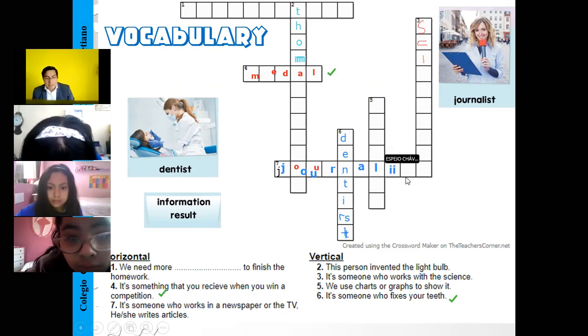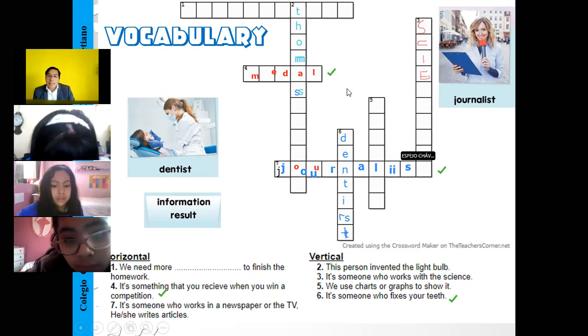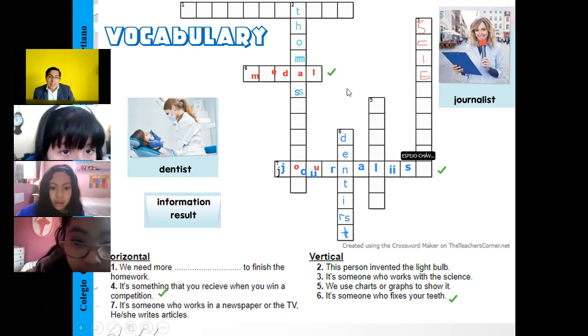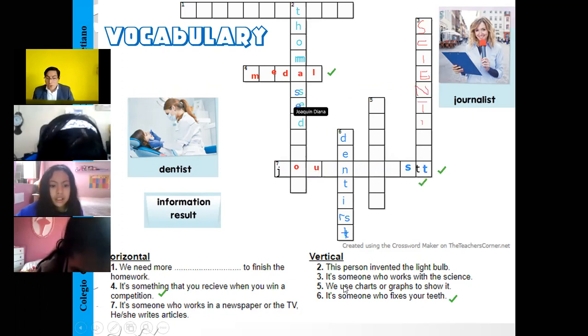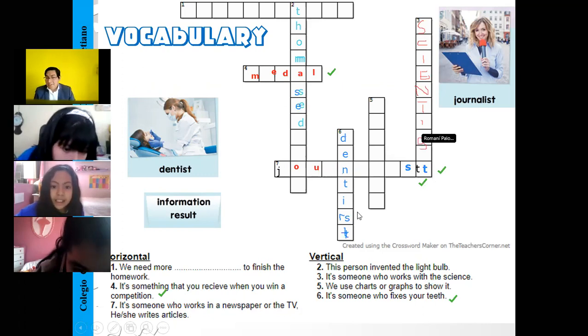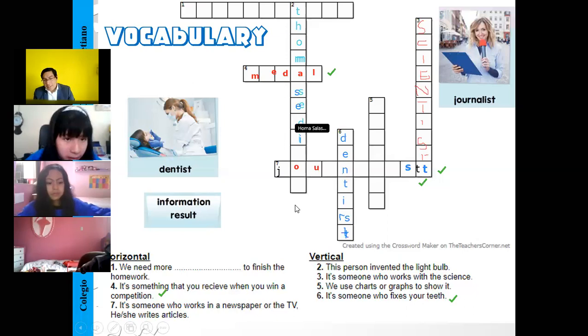Journalist, yeah, very good. The journalist, the reporter. Oh, Shania says scientist, very good. It's the person who works with science. Thomas Edison, good. The name of the inventor, very good.